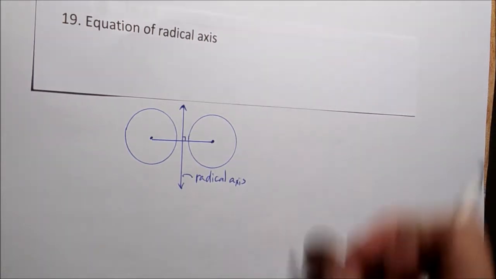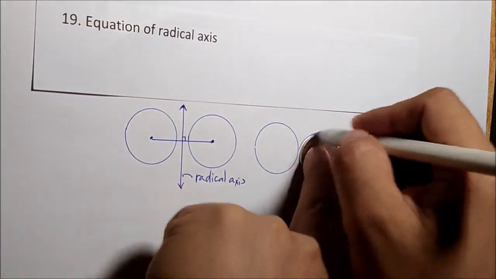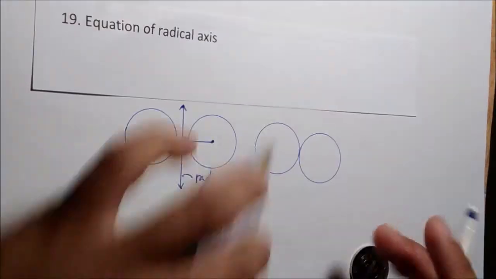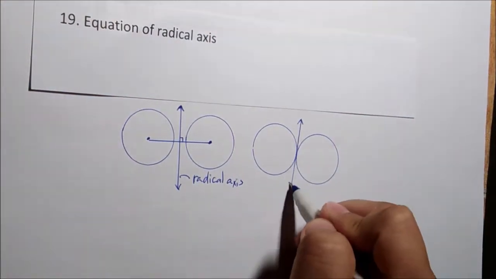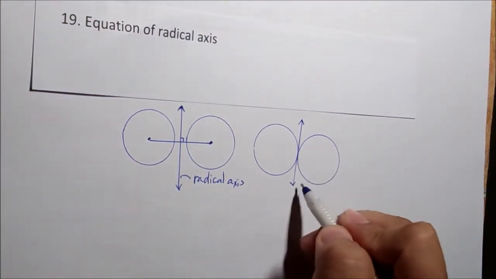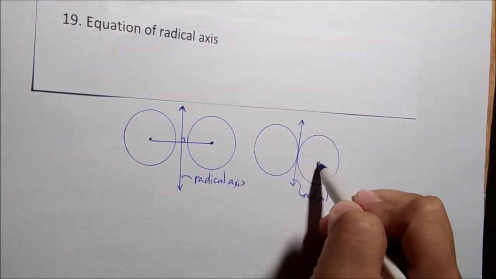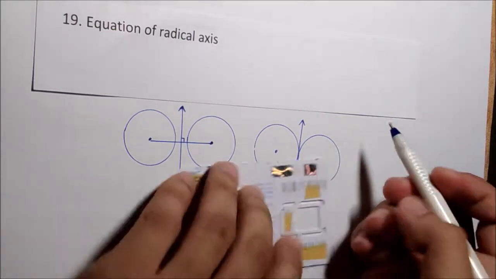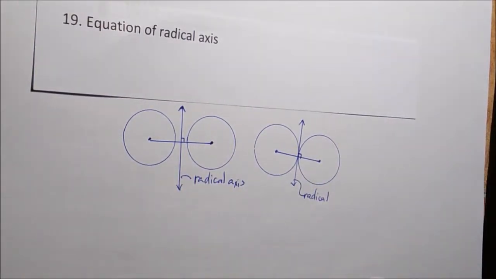If two circles are tangent to each other, the radical axis is this. And the radical axis is perpendicular to the line joining the centers of the two circles. Okay.